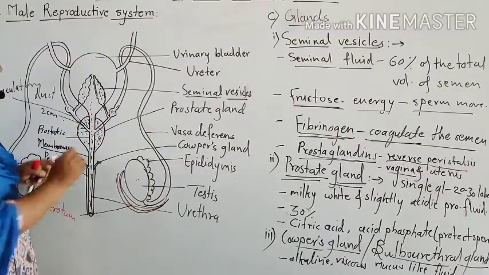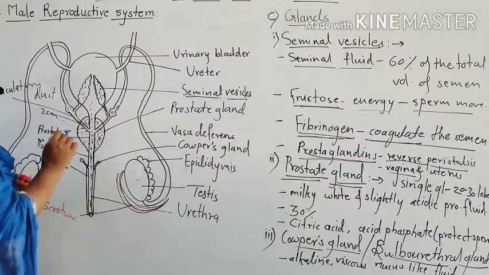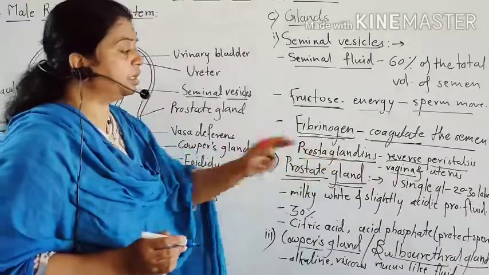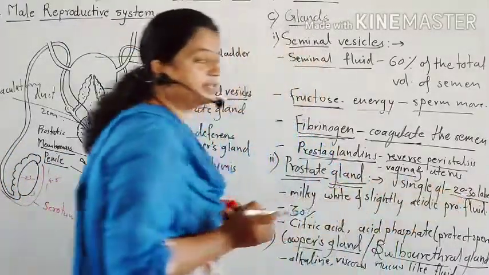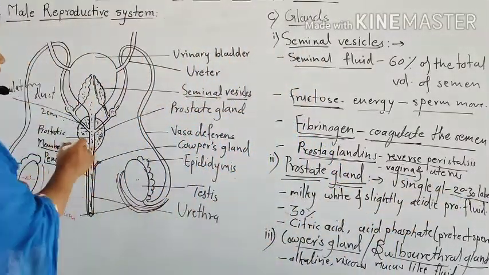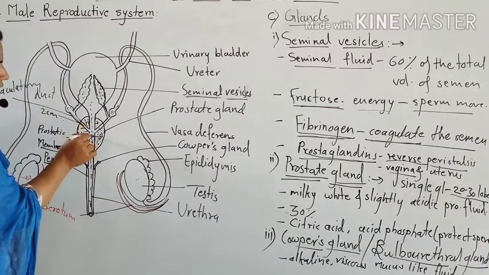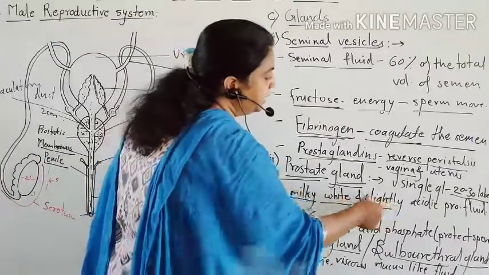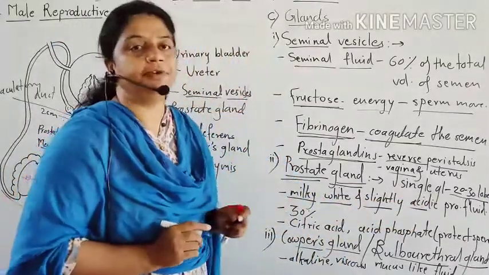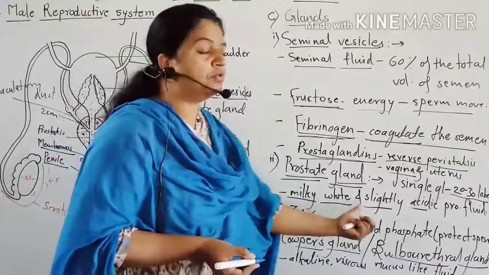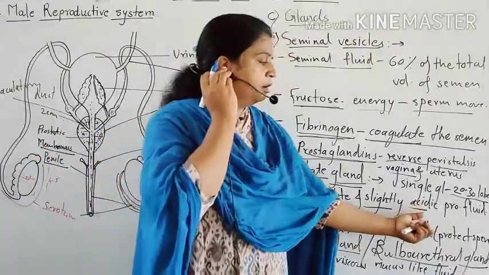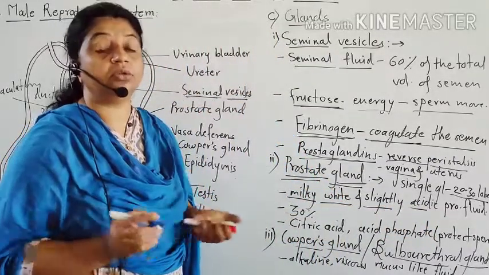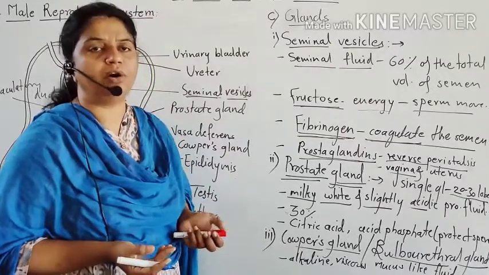It is single and consists of about 20 to 30 lobules, and these lobes open into the prostatic urethra and secrete a milky white, slightly acidic prostatic fluid, which constitutes about 30% of the total volume of semen.